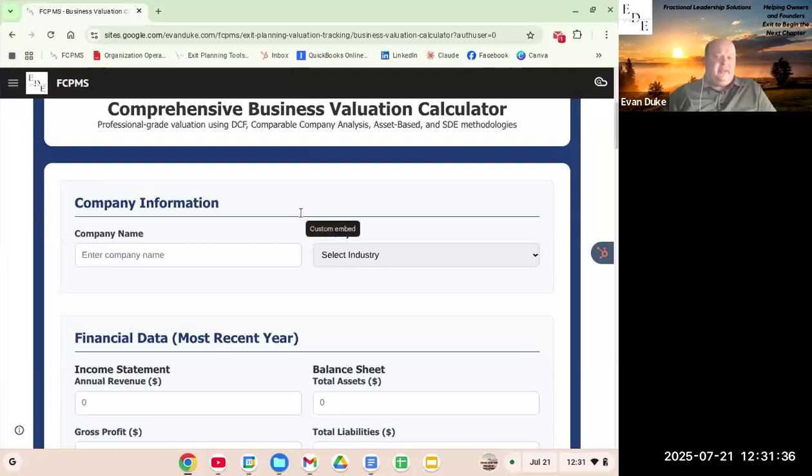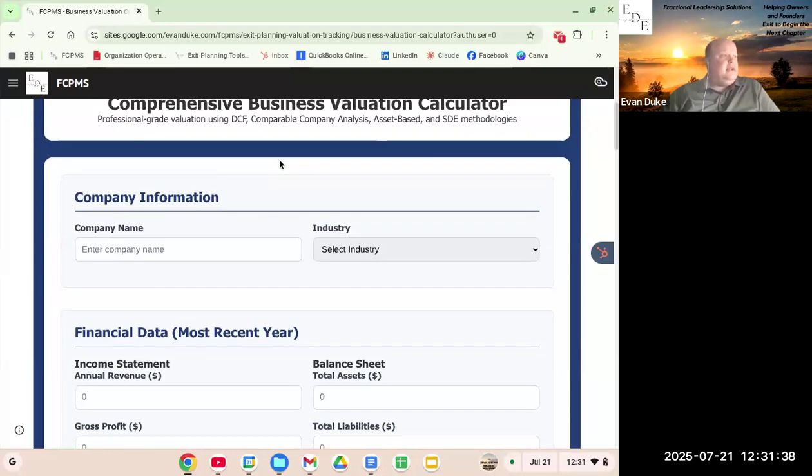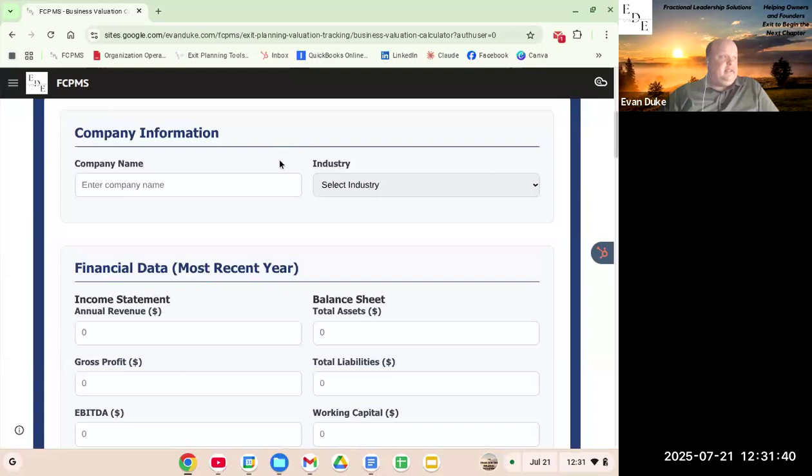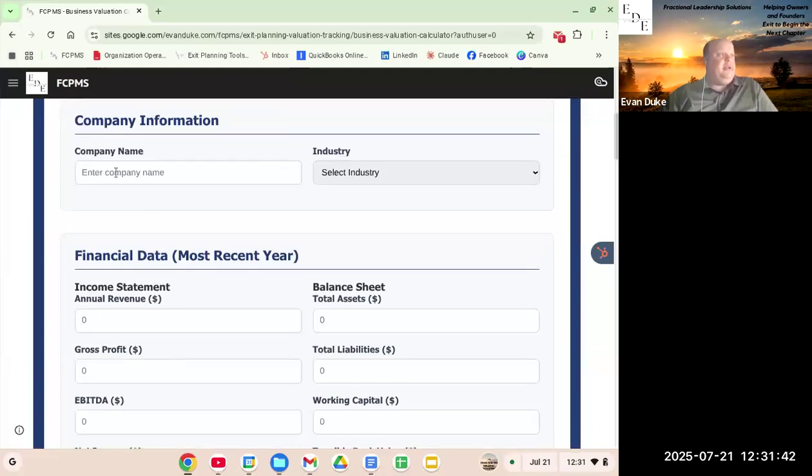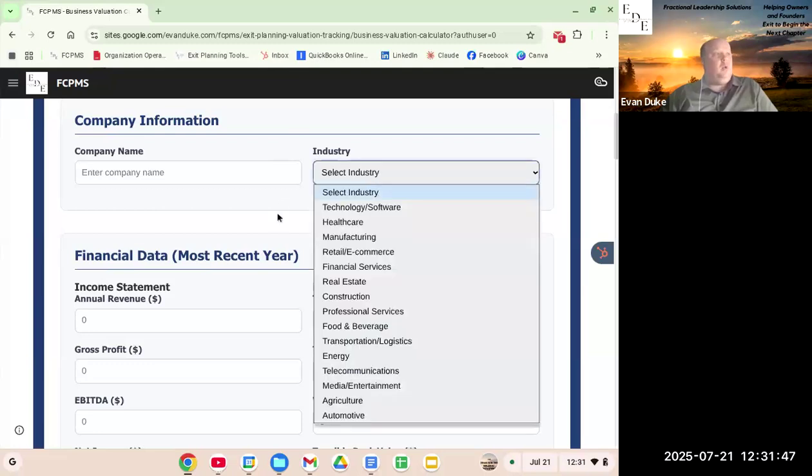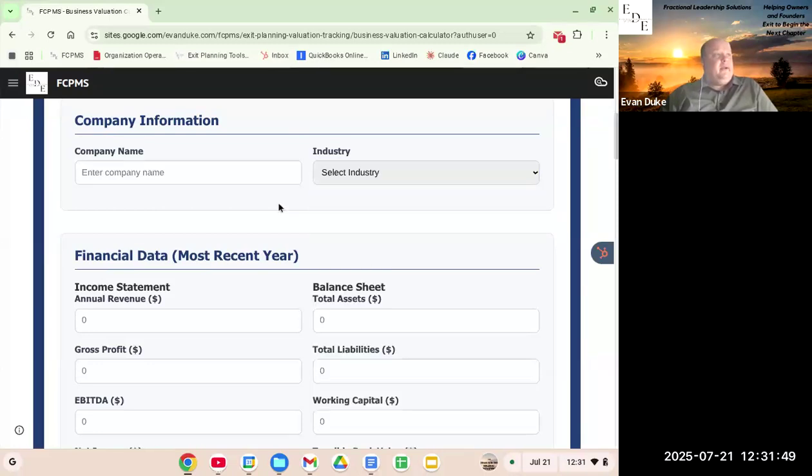However, this is designed to be a little bit more comprehensive. And what's nice about this is, you'll be able to put in the company name, select your industry. This, again, is a little bit more detailed when it comes to industrial breakout than our valuation calculator.